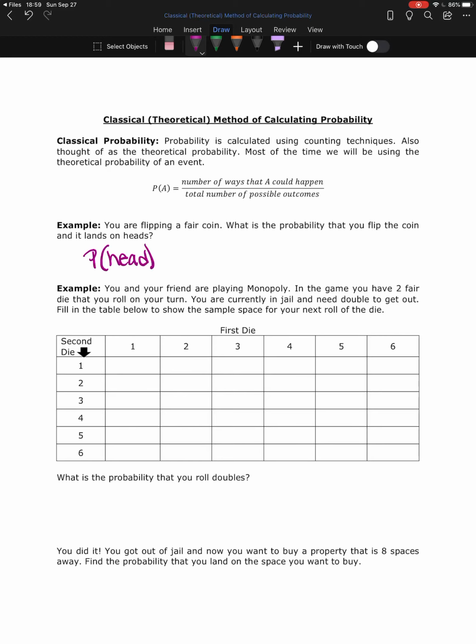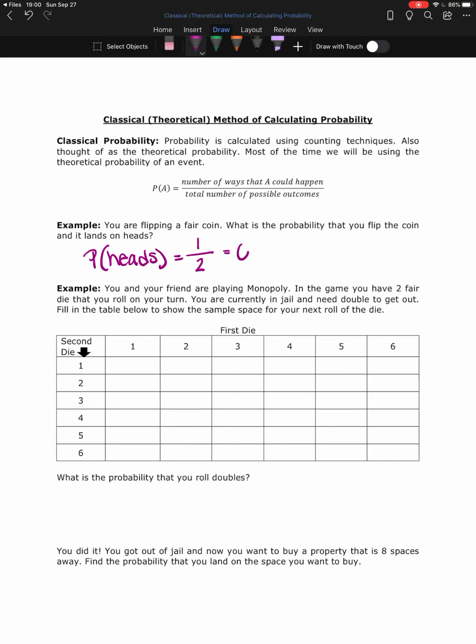So the probability of a heads, let's put the rest of the letters in there, is found by taking the number of ways I could get heads, so there's one way to get a heads on a coin, over the total possible number of outcomes for flipping a coin. So there are only two possible outcomes when I flip a coin.